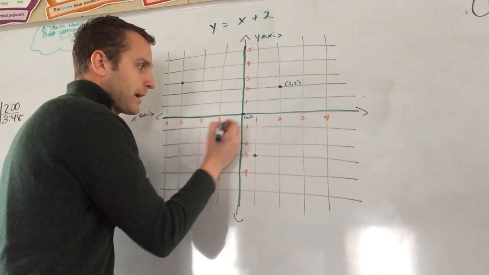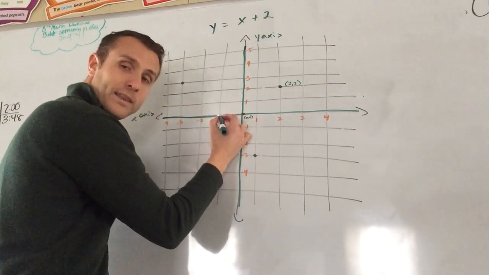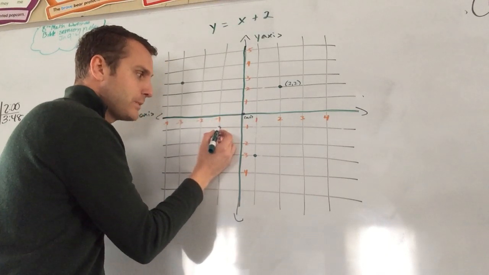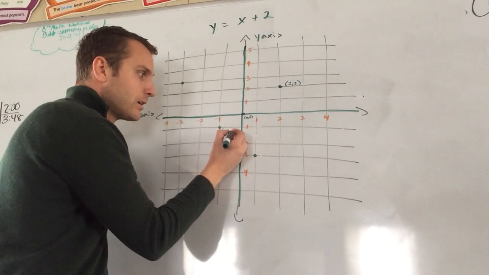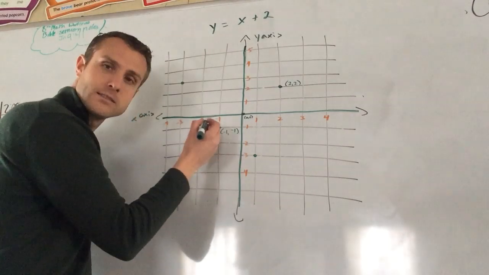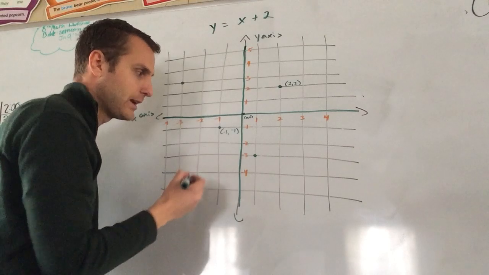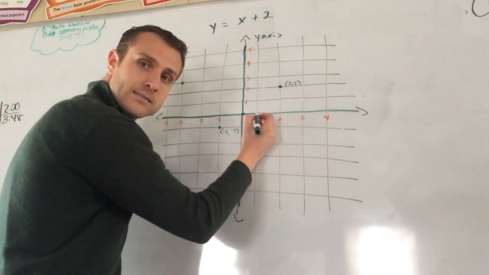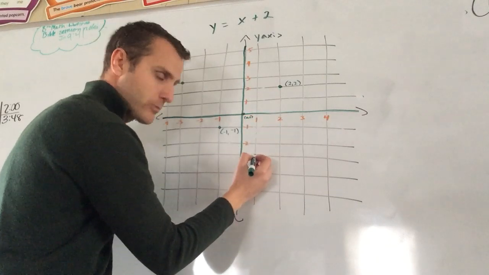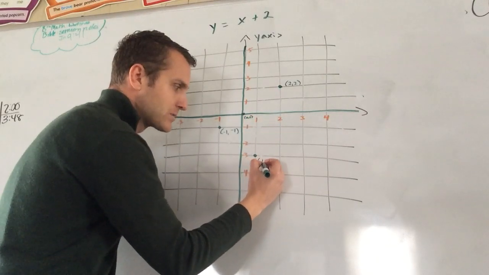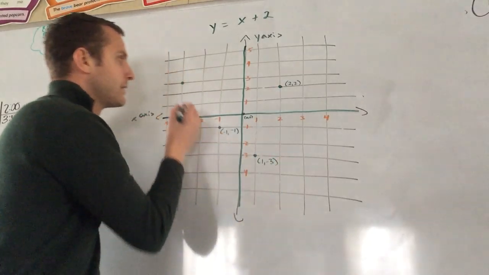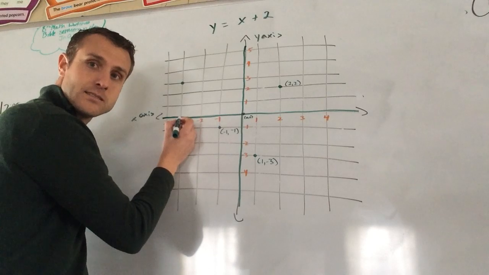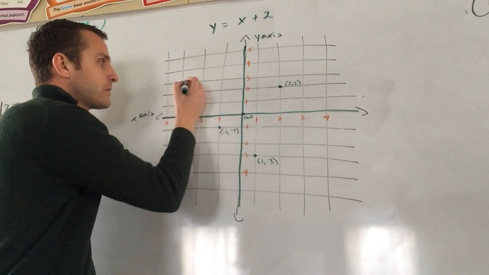Over here, this point right here, I go left one line from my origin and down one line. That's going to be negative 1, negative 1. Left, negative 1, down, negative 1. This point right here, I went 1 to the right, and then down 1, 2, 3 lines. So that point is 1, negative 3. This point over here, I went to the left 1, 2, 3 lines, and then I went up 1, 2, 3 lines.